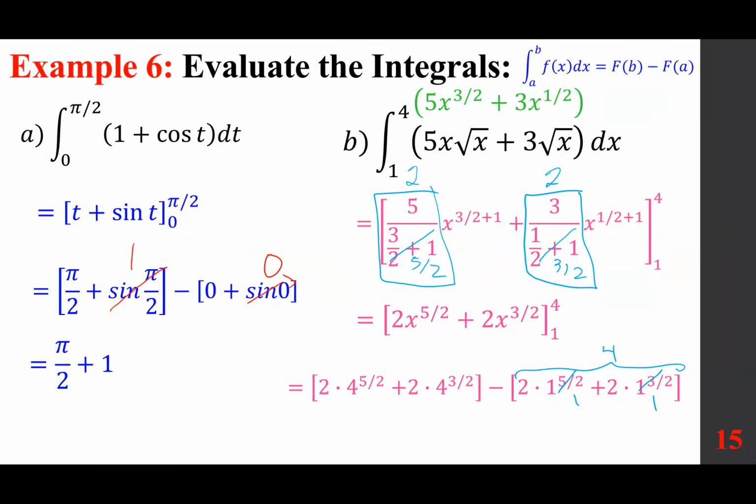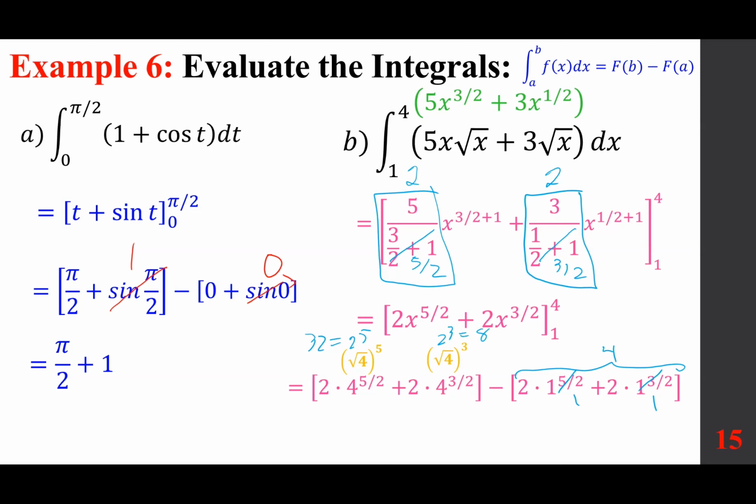Now, the next thing I want you to notice, 4 to the power of 5 halves is the square root of 4 to the power of 5, which means 2 to the power of 5, which means 32. 4 to the power of 3 halves means square root of 4 to the power of 3, which means 2 cubed, which means 8.